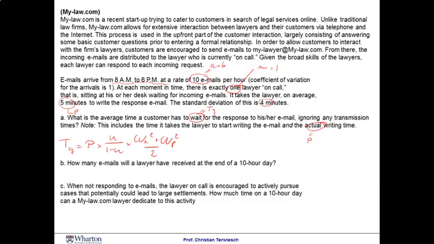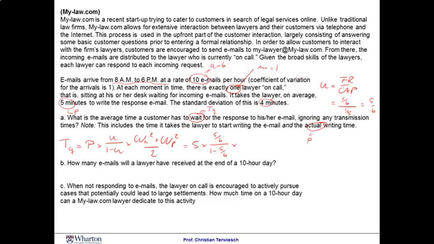And so if you look then at the utilization, it is flow rate divided by capacity. Flow rate is emails flowing in the system every 6 minutes. 1 over 5 is our capacity. And so the utilization is really 5 over 6. That means here I have P equals 5 times U, 5 over 6, divided by 1 minus 5 over 6, times CVA squared.